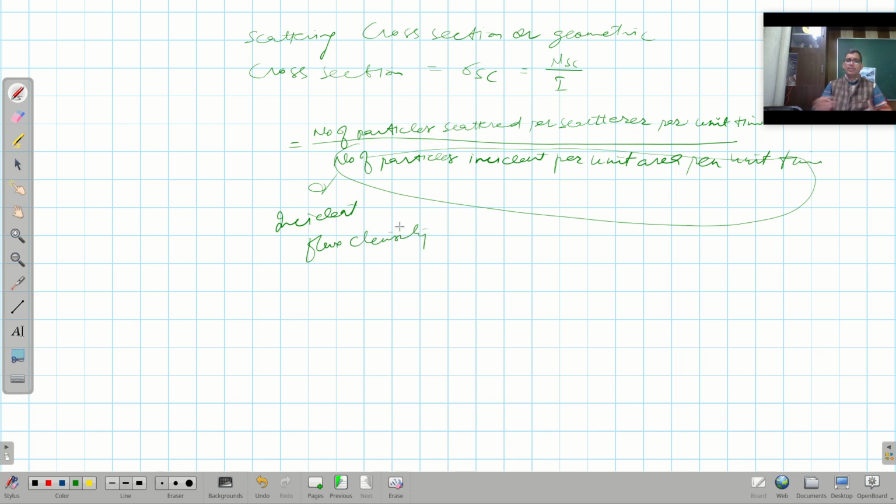This is how the scattering cross section can be defined.